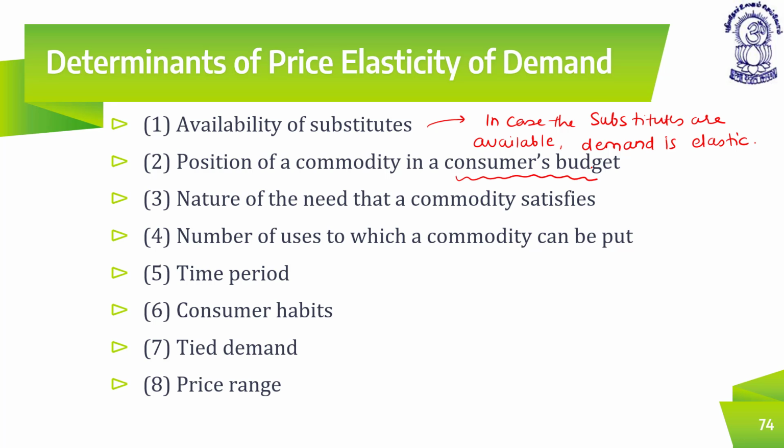Second, position of commodity in a consumer budget. Supposing the consumer is spending in a very large quantity or a very small quantity, large or small, in that case the demand will be inelastic. In medium quantities, the demand will be elastic.